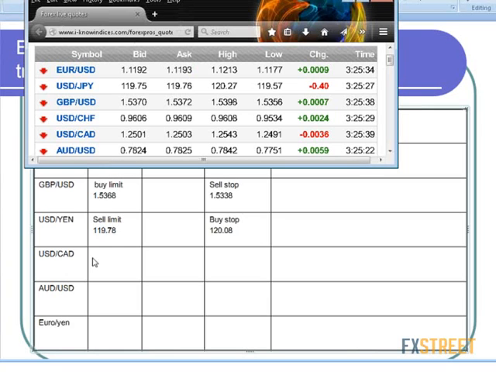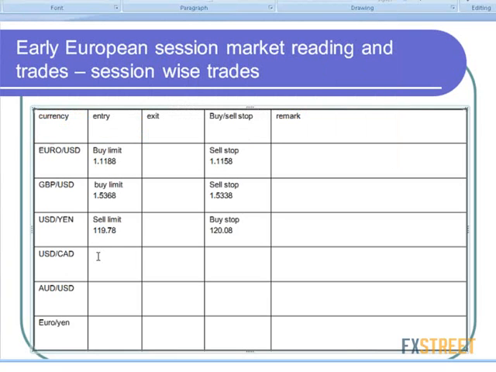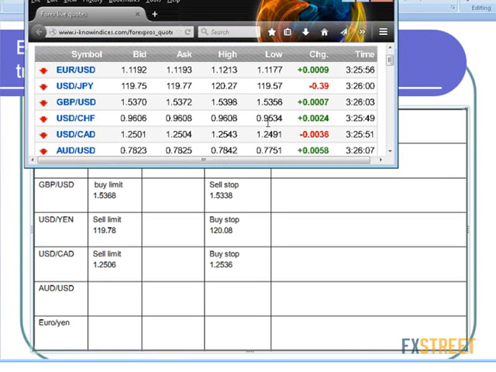And I'll try to keep a sell limit order with a buy stop, 1.2536, 30 pips above. Then in the case of Australian dollar, they just firmed up and came down and cut the high and came down.